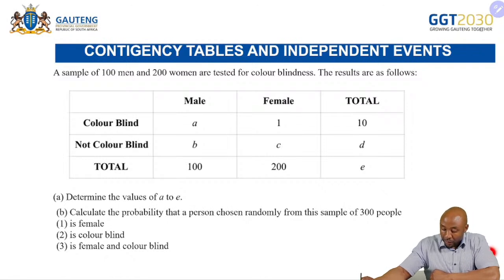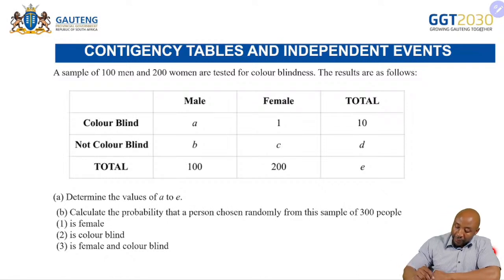So to get the value of A, we have the number of females and we have a total of 10 who are colorblind. So to get the number of males who are colorblind, we'll just say 10 minus 1. That will give our A as 9. To get our B, we know that if I add A and B, I must get 100, meaning B becomes 100 minus the value of A, which is 9. My B will be 91.